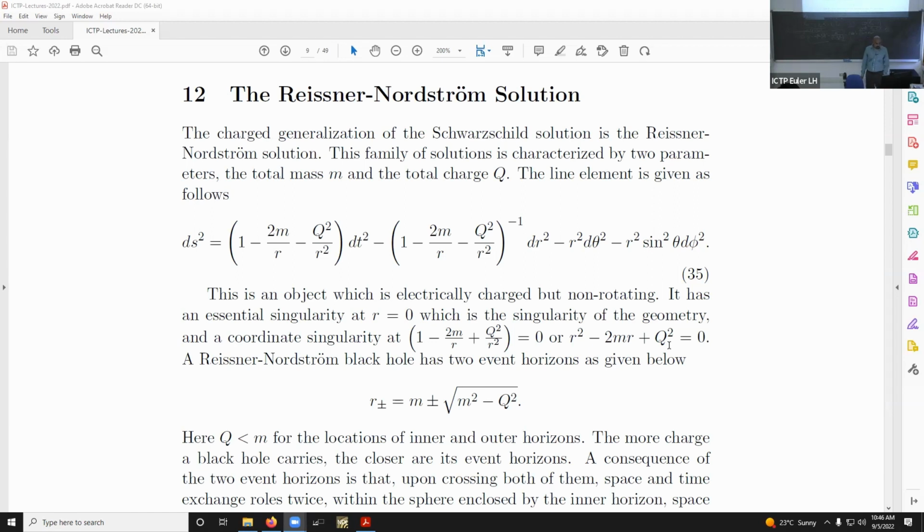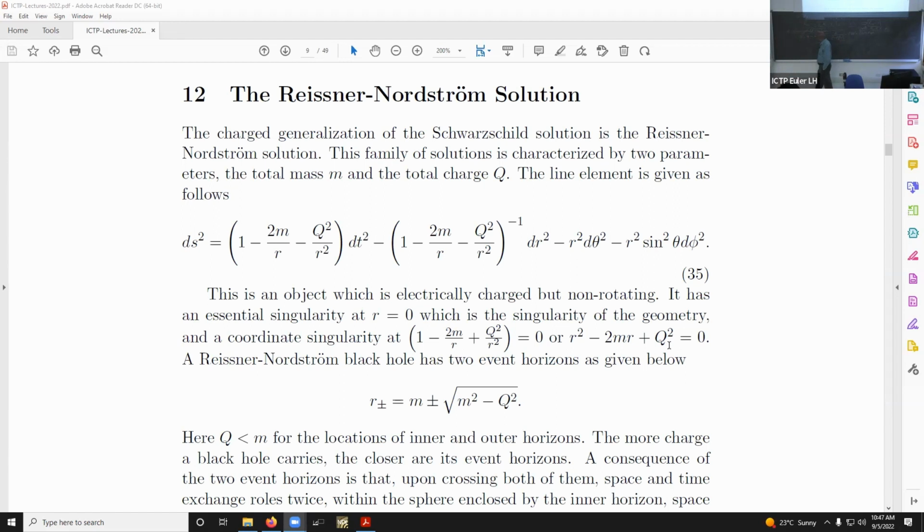One of them was Reissner, the other was Nordström. Charge generalization means that apart from mass, so this is what is sometimes called the one parameter solution of the field equation, the only parameter here is the mass of the object.